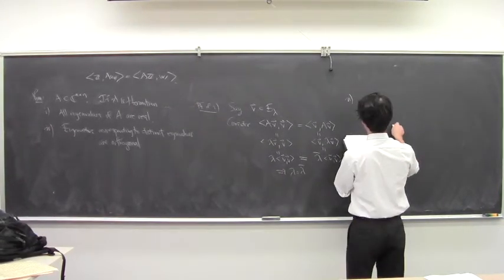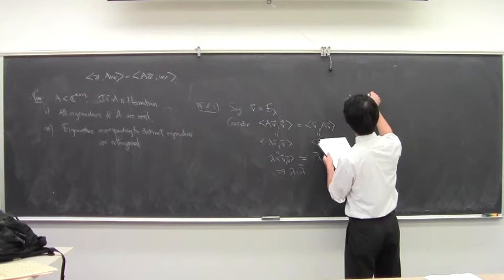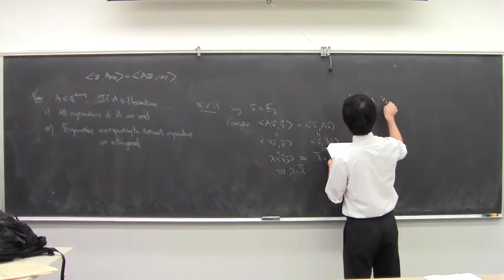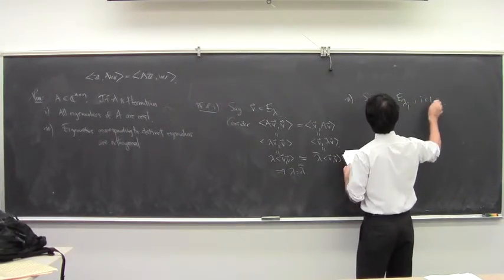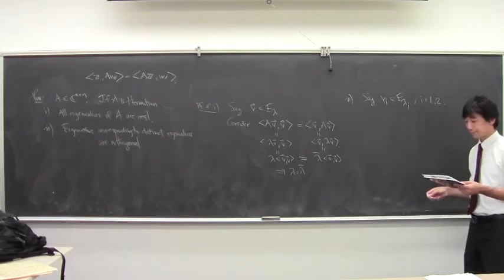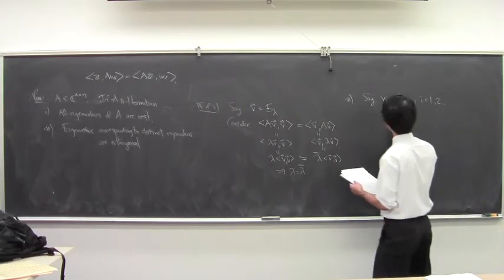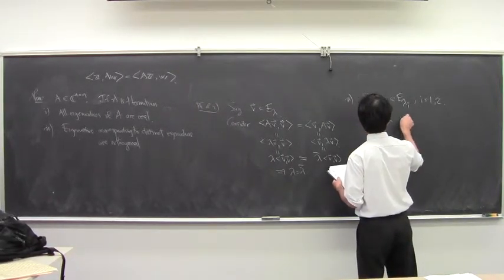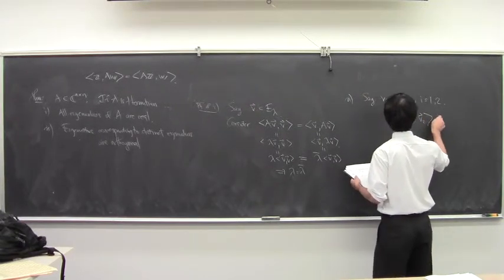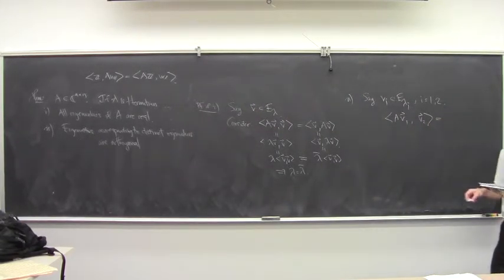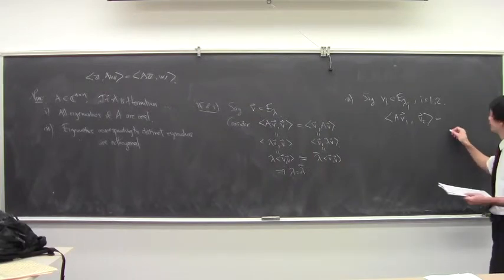Number two, you do something similar. Let's say that V1 is in E lambda 1 and V2 is in E lambda 2. Again, we consider the inner product of one against the other, and hit one with the matrix.